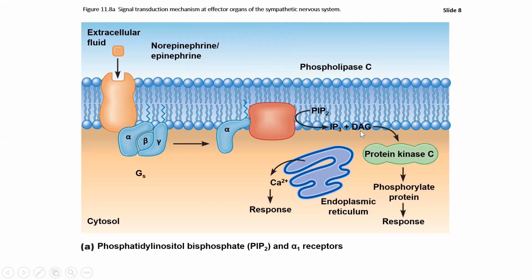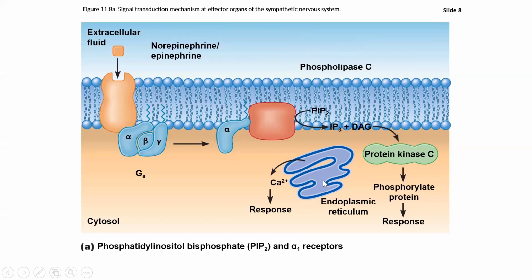And so IP3 and DAG are the second messengers that are going to amplify the response of this neurotransmitter binding here. They're going to go into the cell and they're going to do two different things. DAG is going to catalyze protein kinase C, turn it on, and that is going to phosphorylate some protein and bring about a response that way.